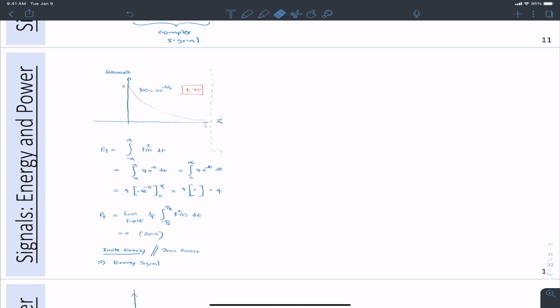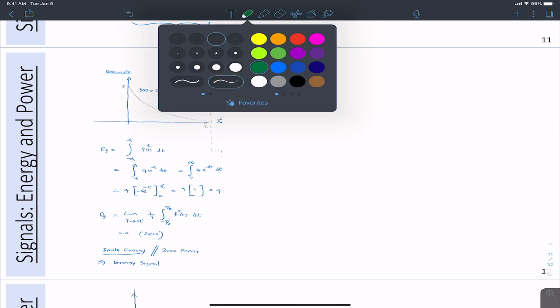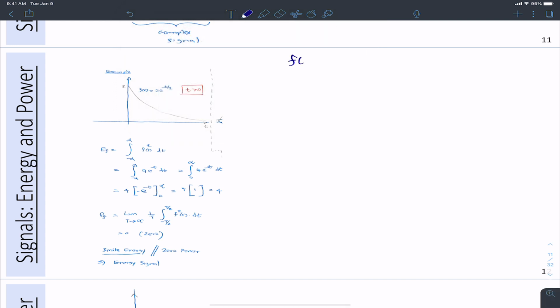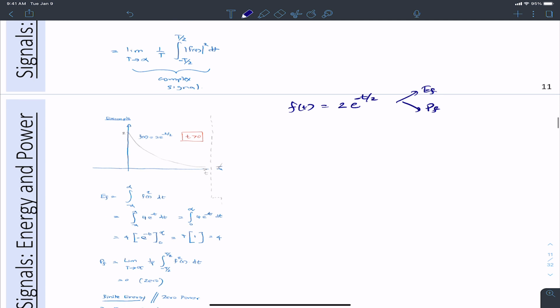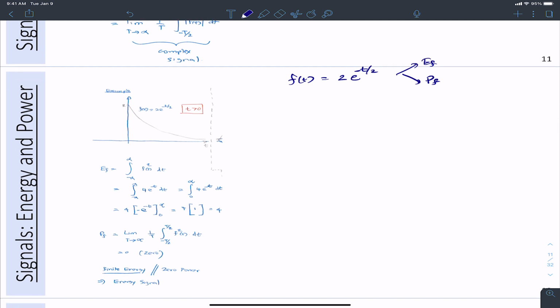So let's go into the example here. We have a signal, f(t), which is 2e to the power minus t/2, and we want to compute the energy and then the power of this signal. So let's do that.